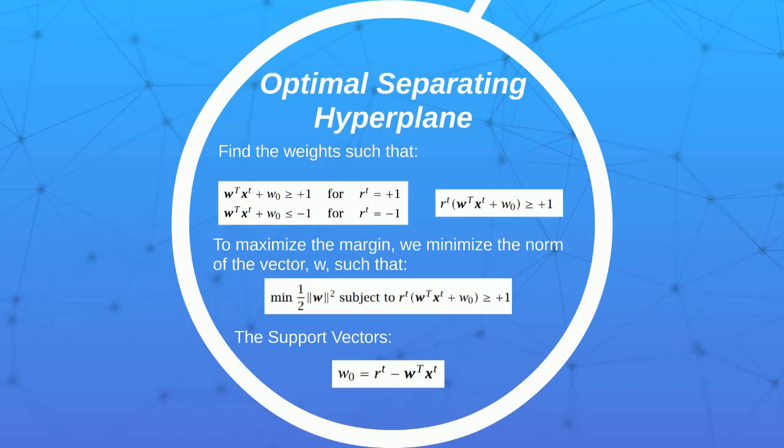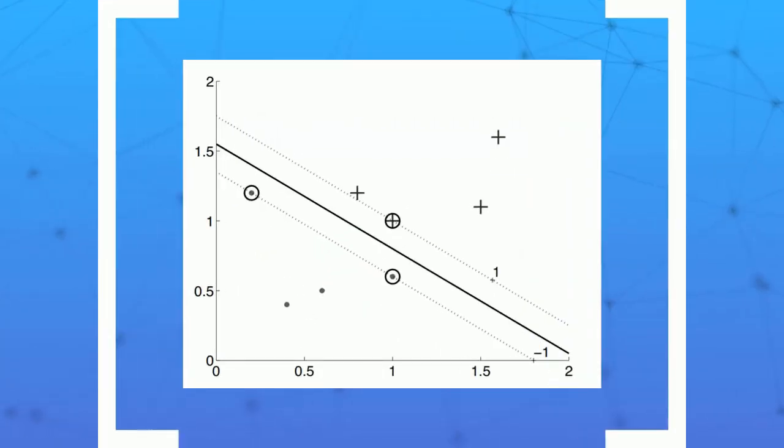If you really want to dive into the math behind that, you can look up Lagrange multipliers online and how they are applied to find the support vectors in SVMs. However, for now, it's worth noting that only the points that lie on the margin are going to be referred to as support vectors. So let's take a look at an example here.